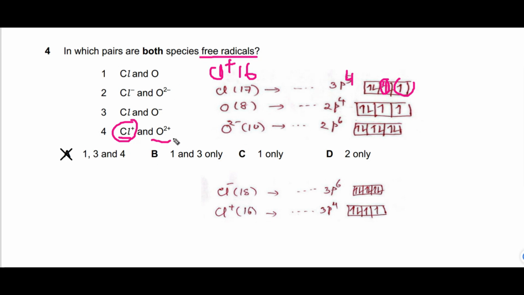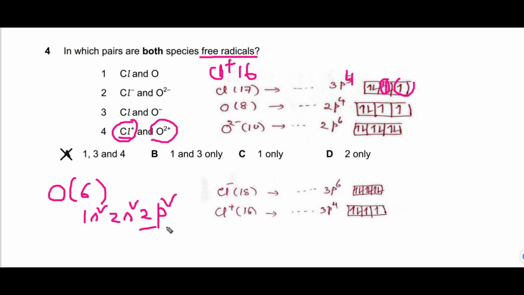Now O2+: oxygen is 8, 2+ means 2 electrons less, so O2+ has 6 electrons. 6 electrons will be 1s2, 2s2, 2p2.